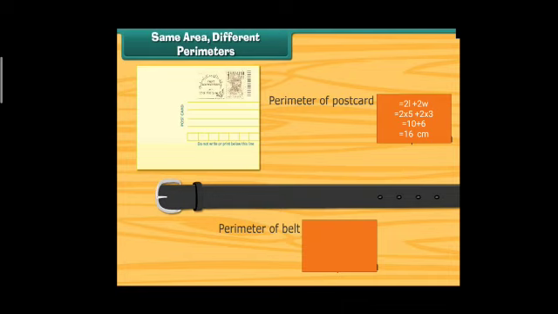And if we find out the perimeter of the belt, again it is a rectangle. So we will put 2L plus 2W: 2 into 15 plus 2 into 1. That will make 30 plus 2 is equal to 32 centimeter. So students, here the area of the postcard and the belt are equal, but their perimeters are different.